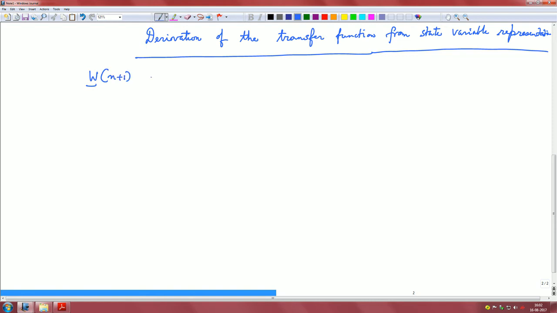W of n plus 1 is basically some matrix A times Wn plus some vector B times x of n. X of n is a scalar, but we could have a vector also for this.